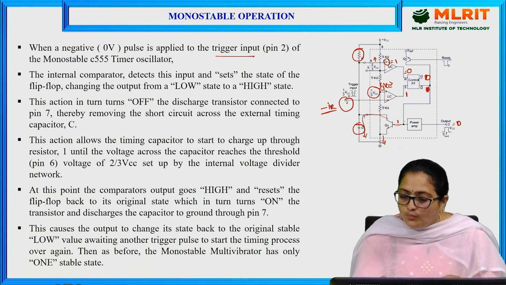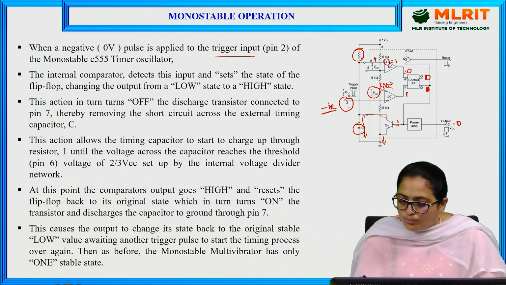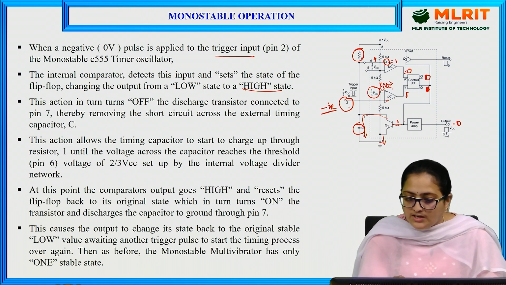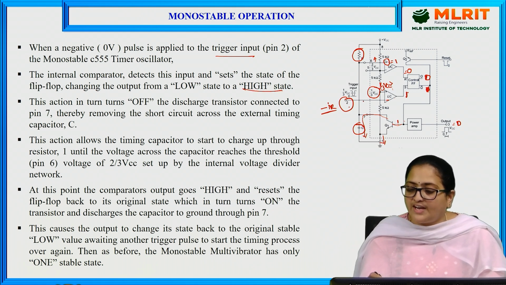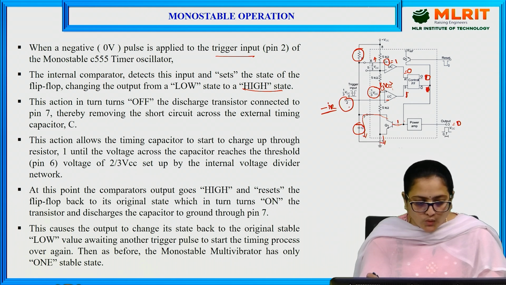That is, when you apply a negative pulse, the lower comparator produces an output of 1. The output of the lower comparator is connected to the RS flip-flop, so S will be equal to 1, and the output of the flip-flop will be 1. It sets the state high when you apply a negative pulse to pin 2.